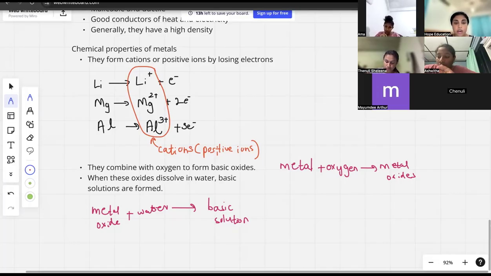What I have written in pink and red, also write.